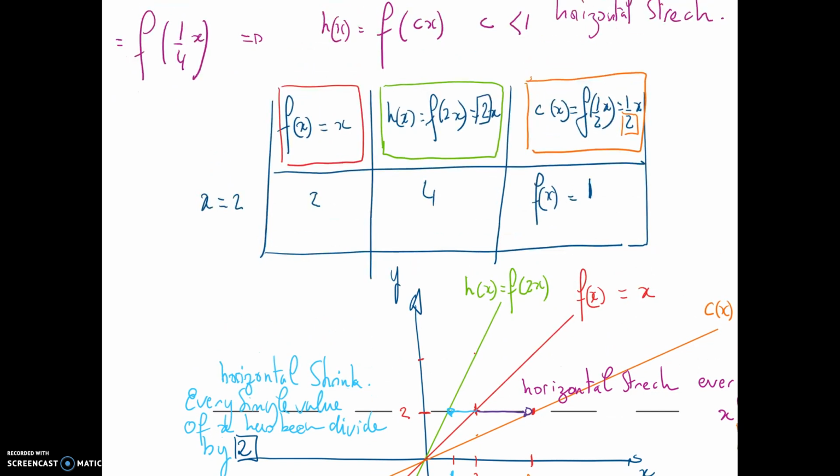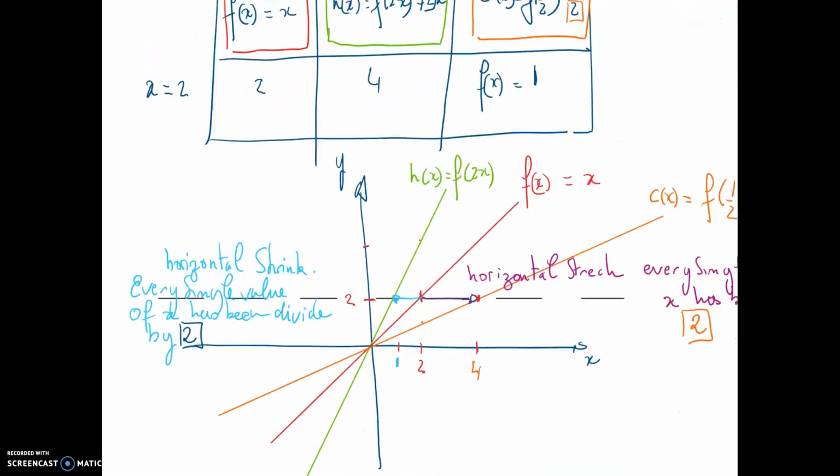So guys, what I did is I took a function f of x equal x, and then defined a second function, h of x equal f of 2x, which I know, because c is greater than 1, is a horizontal shrink, and c of x, another function, this time equal to f of 1/2 of x, and it's going to be a horizontal stretch because c is less than 1.